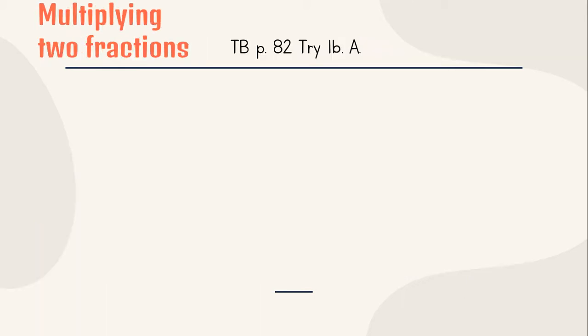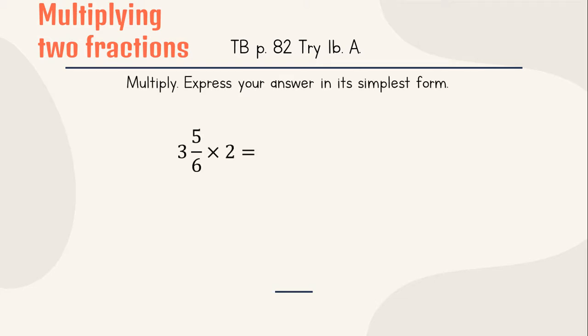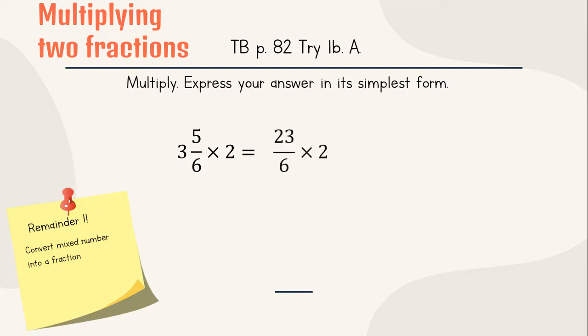Please look at page 82, try 1b, point A. 3 and 5 per 6 times 2. Once again, this is a mixed number. Convert it into a fraction first: 23 per 6 times 2. 6 times 3, 18, plus 5, 23. Don't forget the denominator will be the same. 23 per 6 times 2.